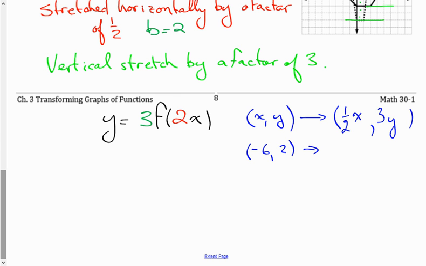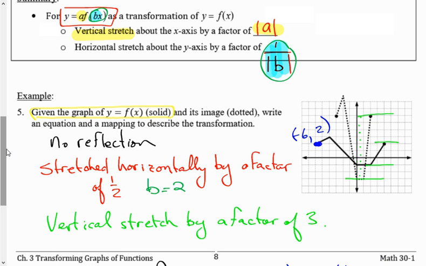Negative 6 times 1/2 would be negative 3. 3 times 2 is 6. So negative 3 comma 6, is that where that point ended up? And I look, negative 1, 2, 3, 1, 2, 3, 4, 5, 6. There we go. Negative 3 comma 6. That's where that point was mapped to.